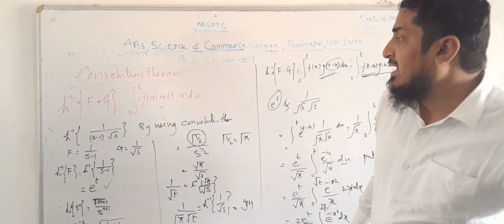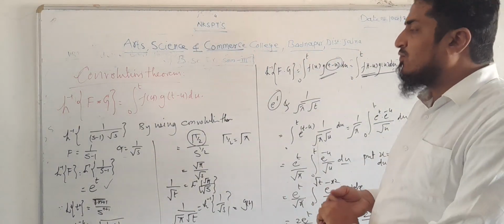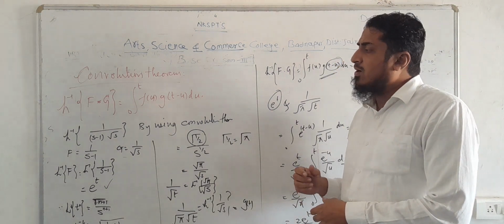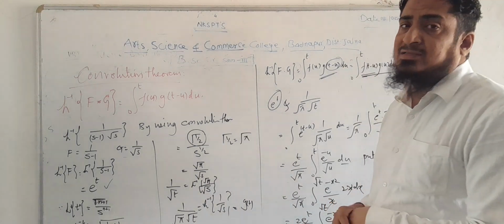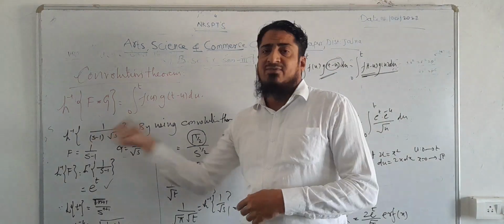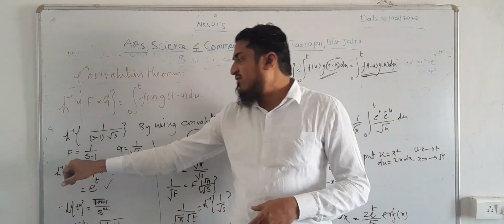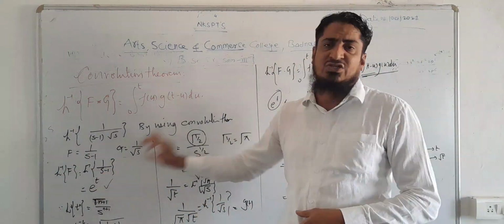In this example, what we have done? We have two functions in multiplication, and we have to calculate the inverse Laplace transform of that function. We chose one as f of s and another as g of s.